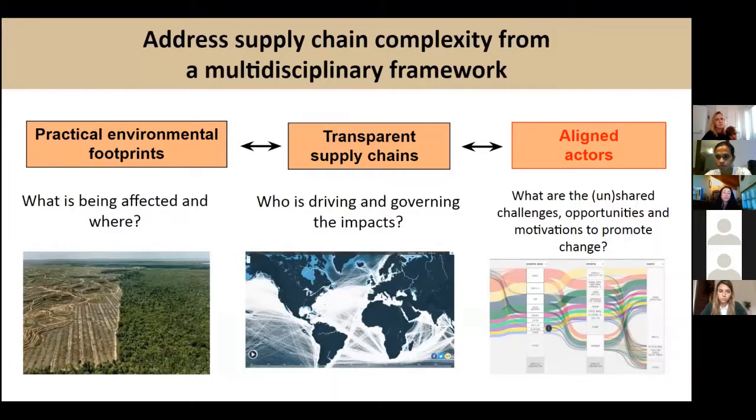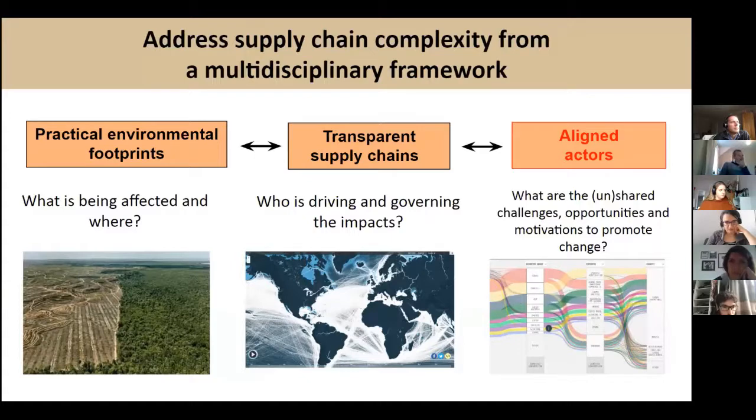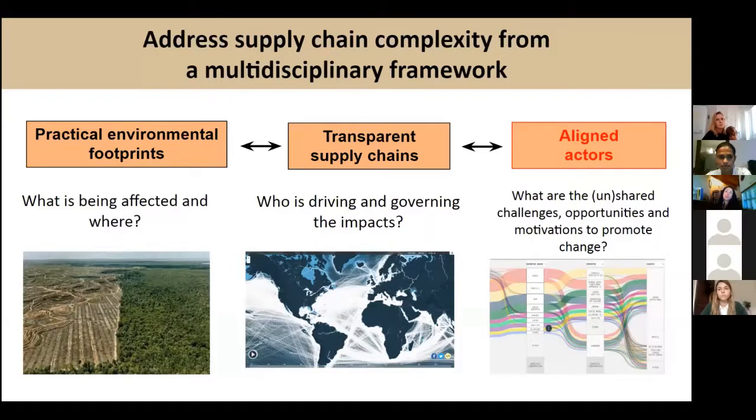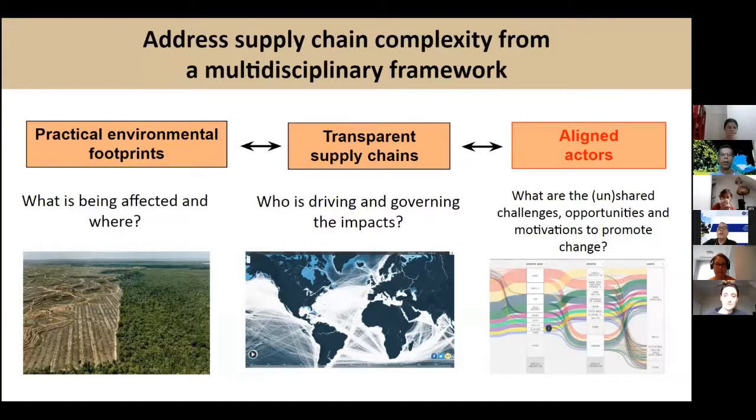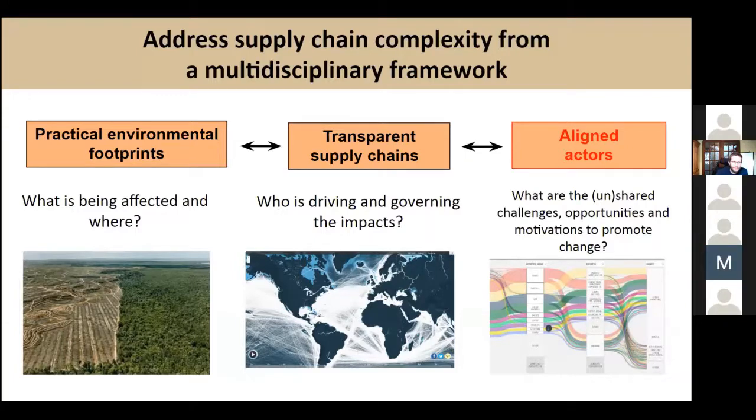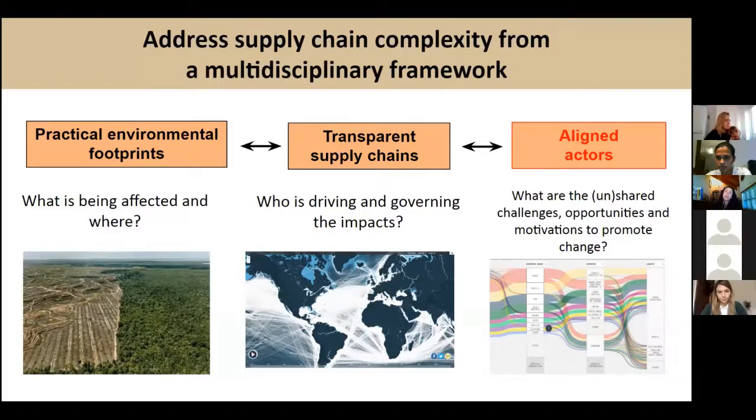So the first one, at the left of the slide, is a practical environmental footprint. By practical, I mean a footprint that can be applied easily, that can be easily communicated, that can use data that are accessible, and that can be applied anywhere. And of course, one that tells us what is being affected and where.